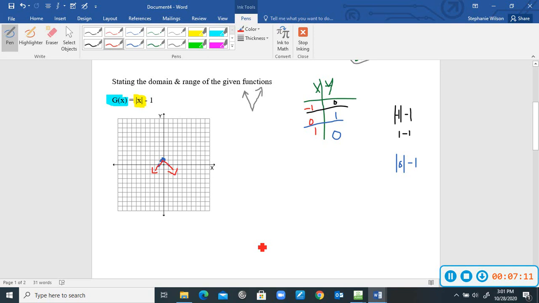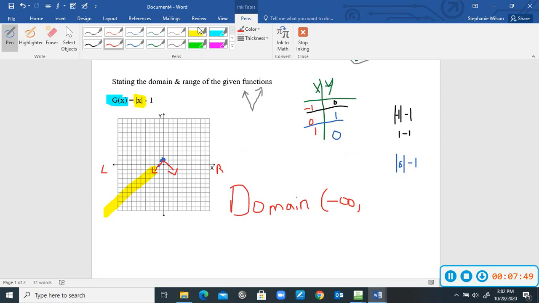Now we need to state what is the domain and range. Well, the domain is my X values, and we always read our X values left to right. So when I do that, what do I see? I see this arrow here is going out on the negative values. So that means it's going to eat every one of those negative values for my X. So I know that I have negative infinity.